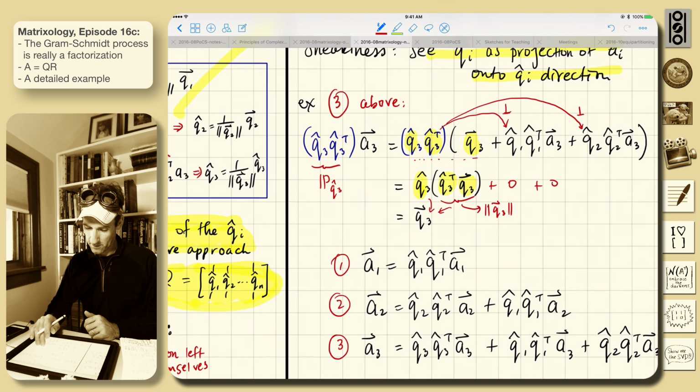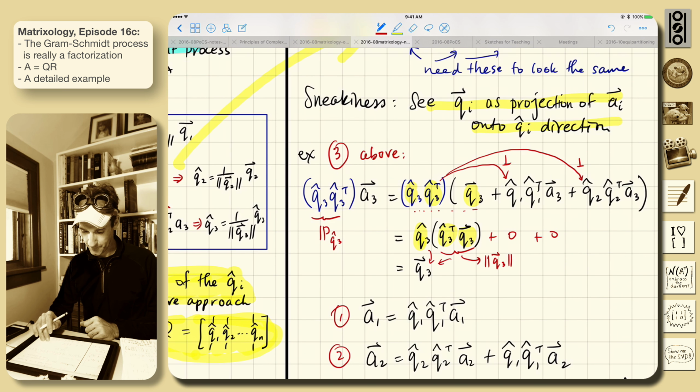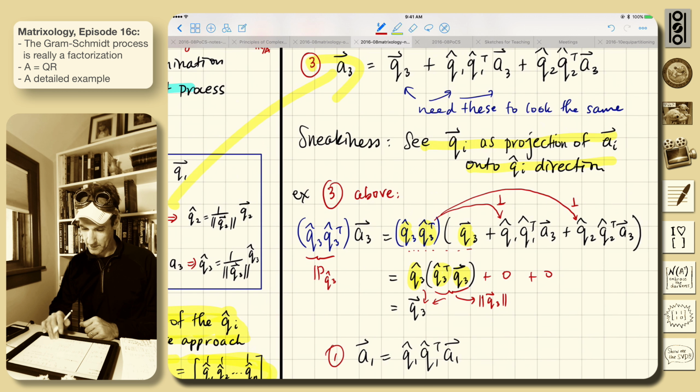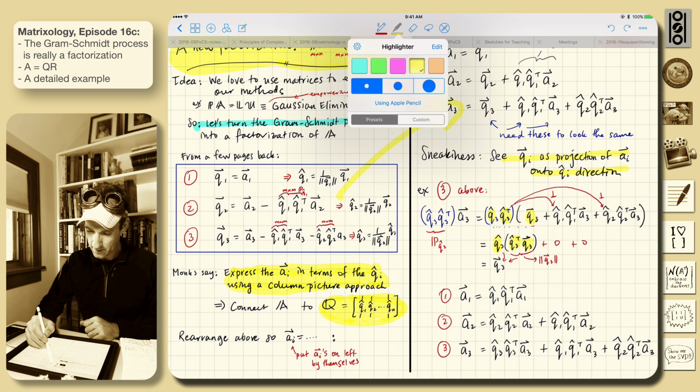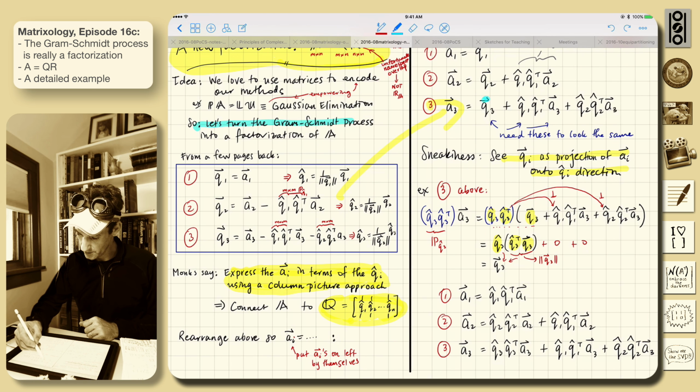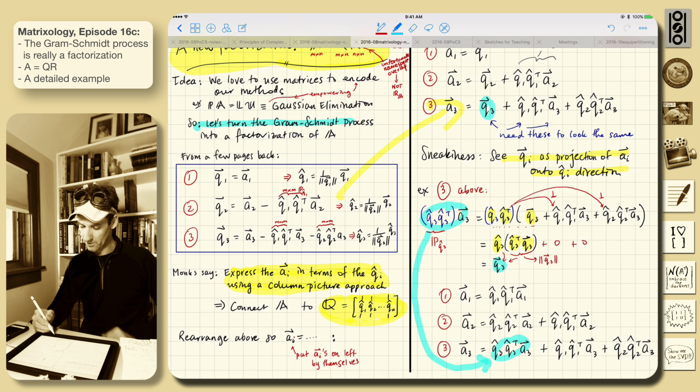So we can replace this Q3 with this blob. Maybe I'll do it like this. So this Q3 is here, and then we're going to replace it with all of this. And we'll do that for A2, and we'll do it for A1 as well.